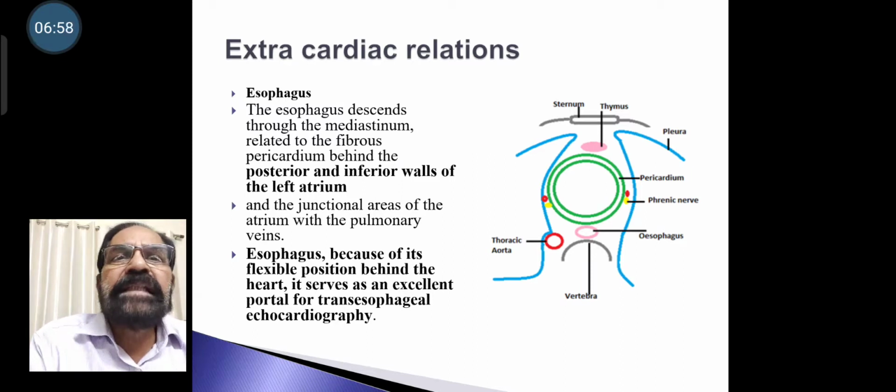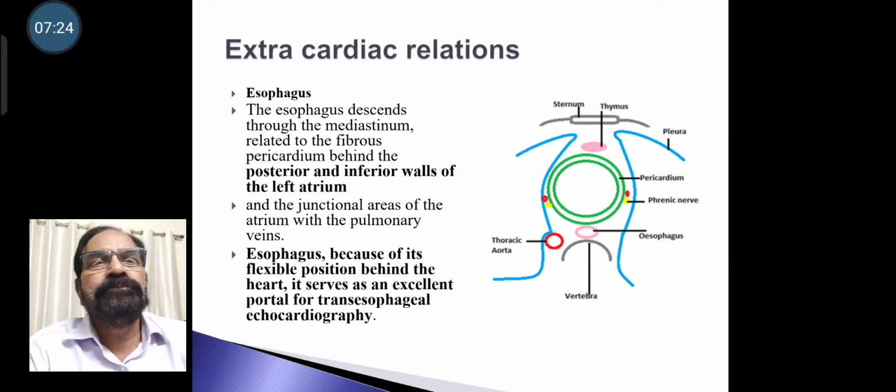The esophagus descends through the mediastinum related to fibrous pericardium behind the posterior and inferior walls of left atrium and the junctional areas of the atrium with the pulmonary veins. Because of its flexible position behind the heart, it serves as an excellent portal for transesophageal echocardiography.